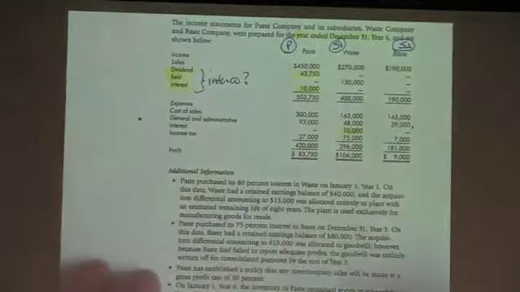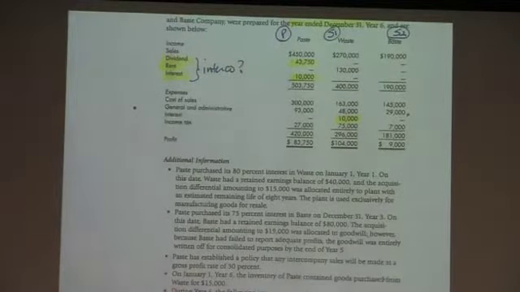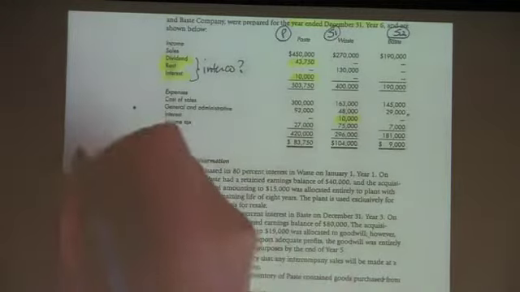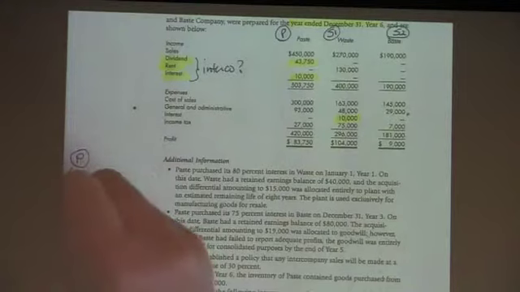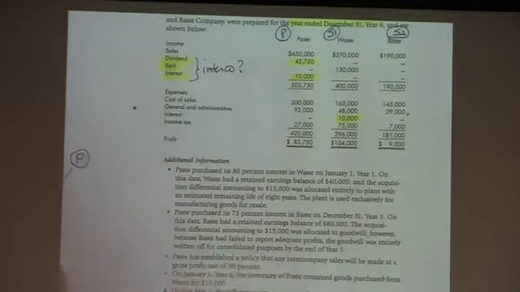Okay, now let's read through it. So we know that Paste purchased an 80% interest of Waste. I'm a visual learner, so I'm going to draw P owns 80% of W. Let's call it P and W just to make it easier. And we need to know this information.